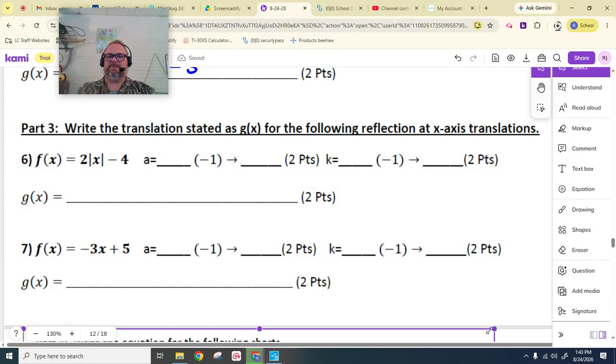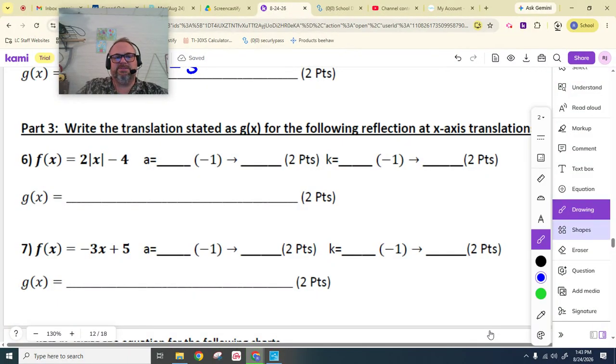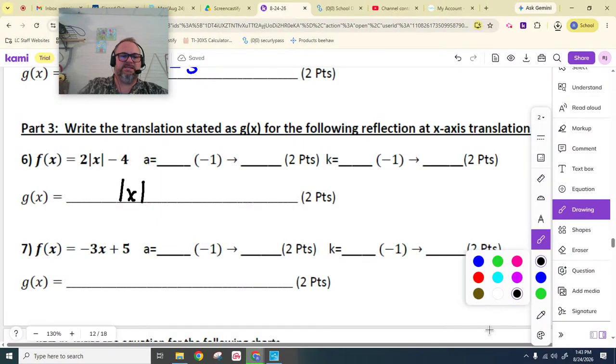Yep. All right. So, number 6. Now, part 3. You're multiplying the A and K values by -1. Yep. So this would be -2.